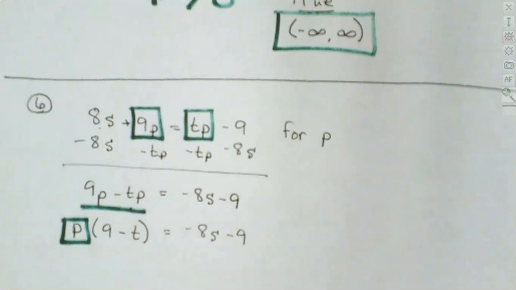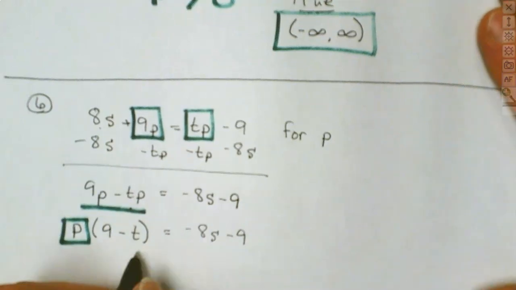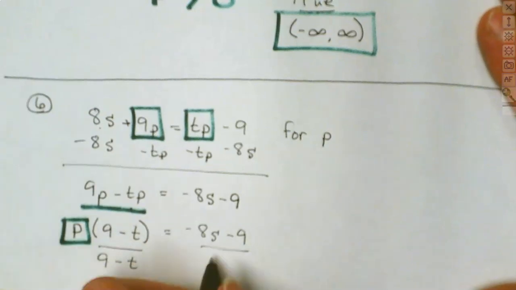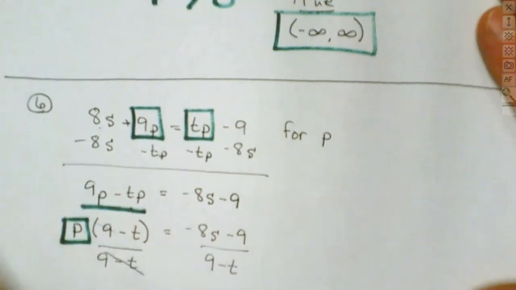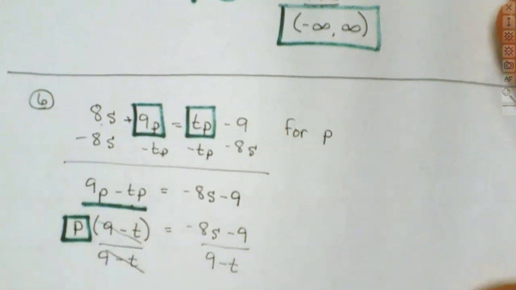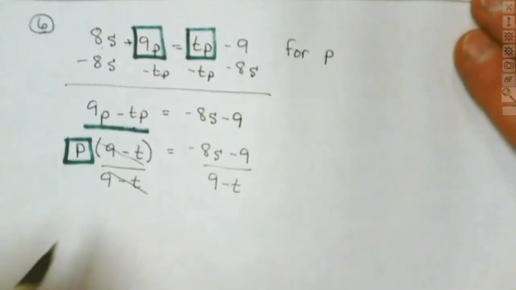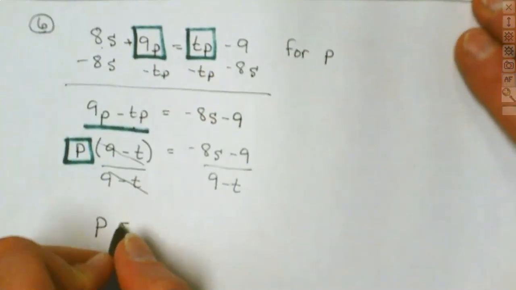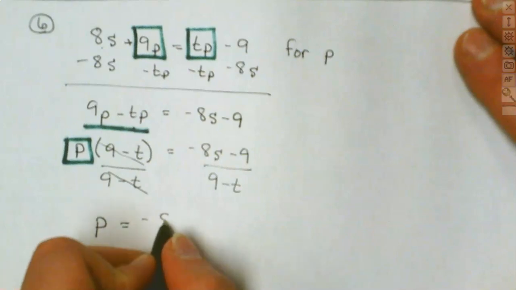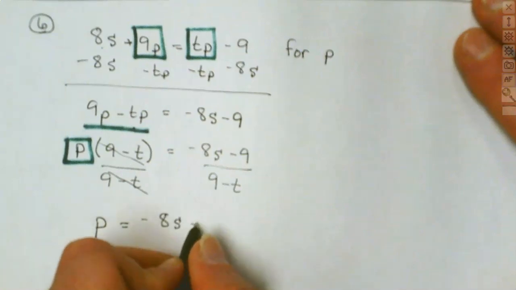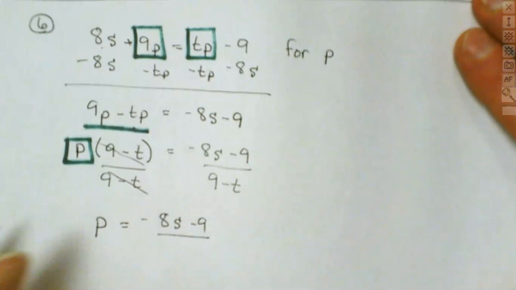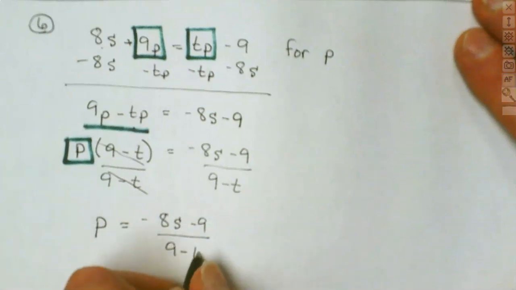So how do I get rid of that 9 minus t? It's multiplication, so we get rid of it by dividing. Those can cancel out. And what does that leave you with? That leaves you now with p equals a minus 8s minus 9 over 9 minus t.